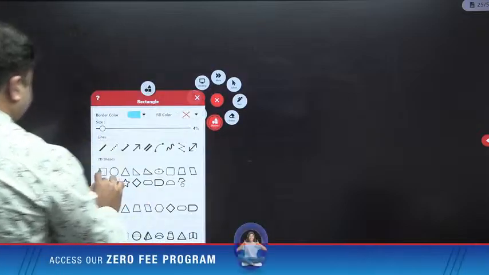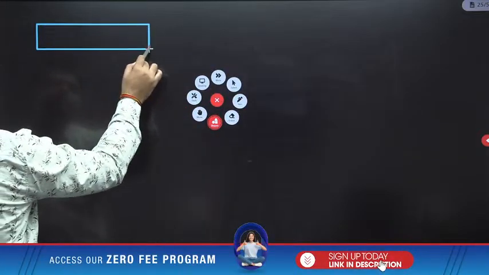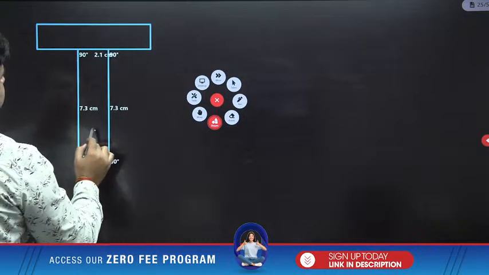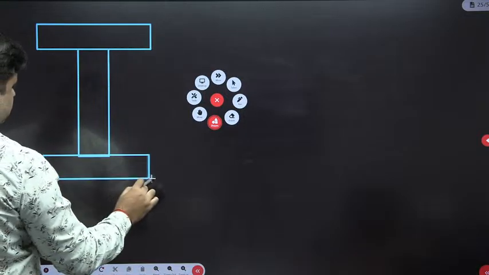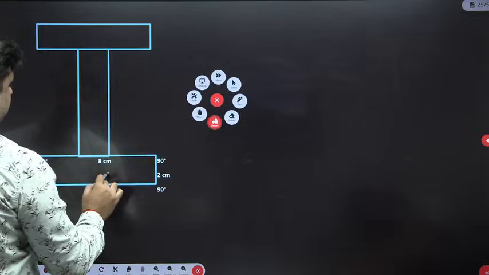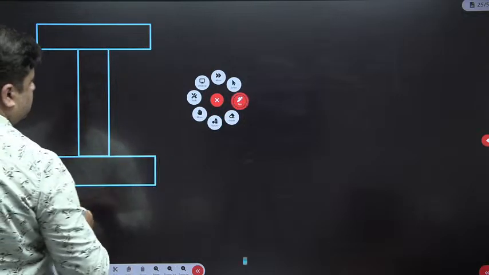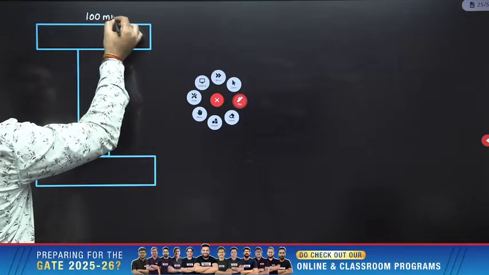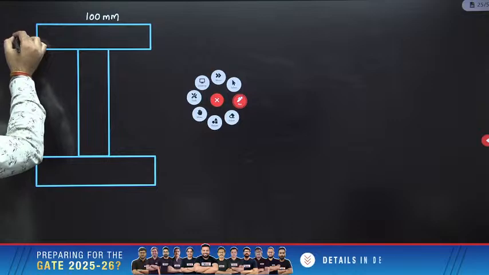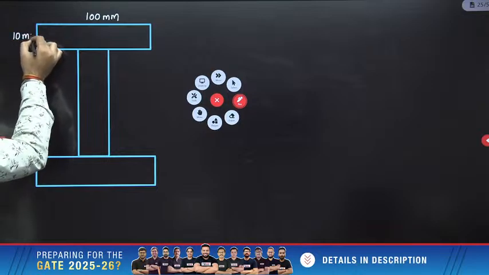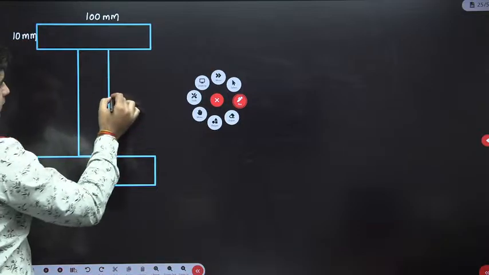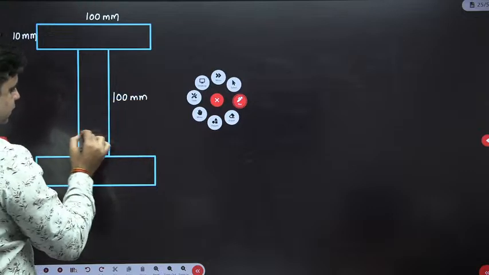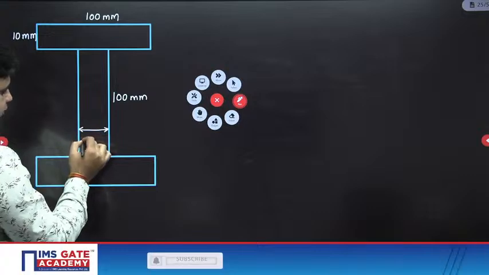So you have a symmetrical I section like this. This width is 100 mm. The thickness of this flange is 10 mm. This length is 100 mm. And the thickness of this web is 10 mm.